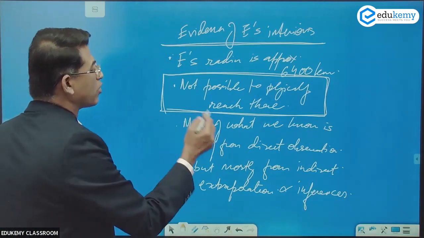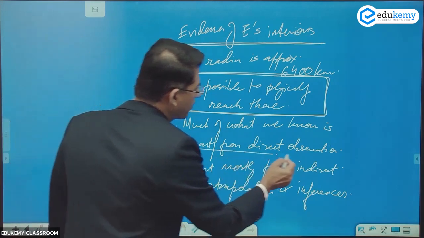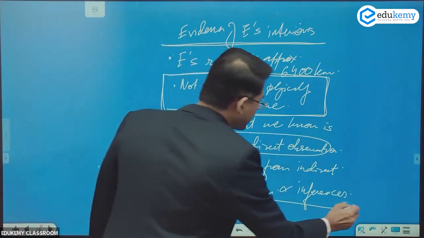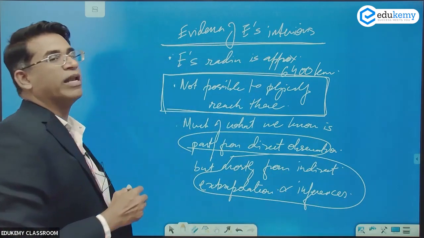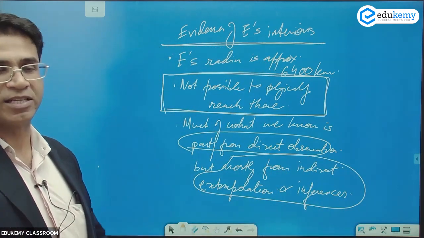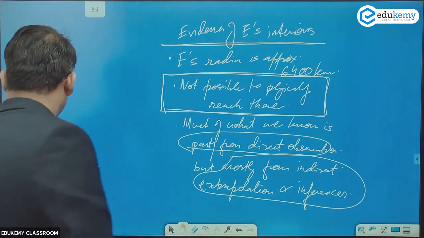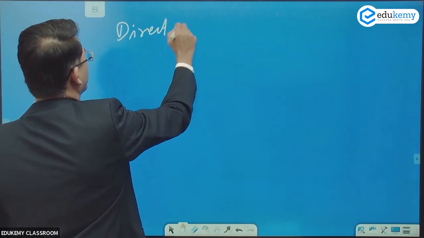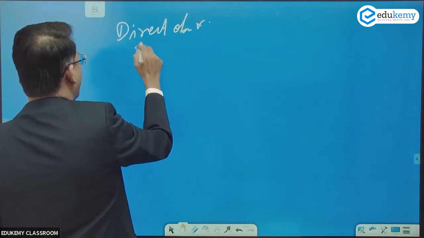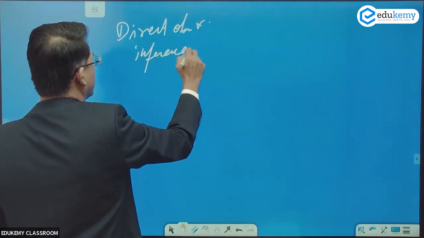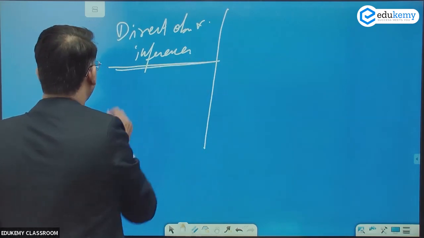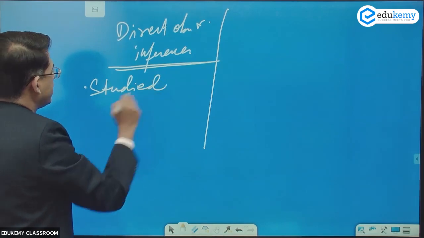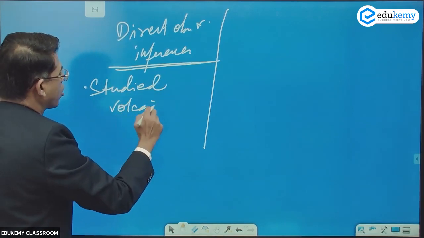Okay, so most of what we know is partly from direct observations, but mostly from indirect extrapolations and inferences. Okay, so direct observations and inferences. What are inferences? We have studied volcanic rocks.